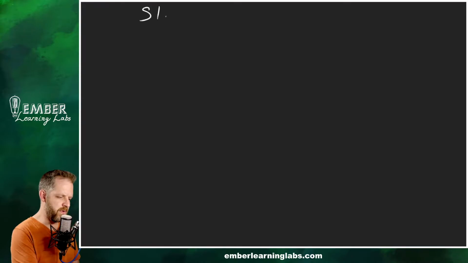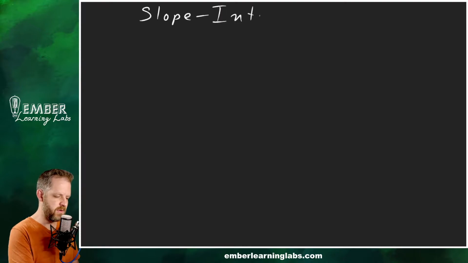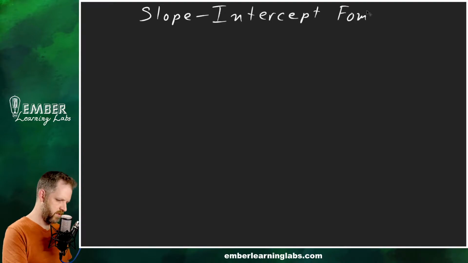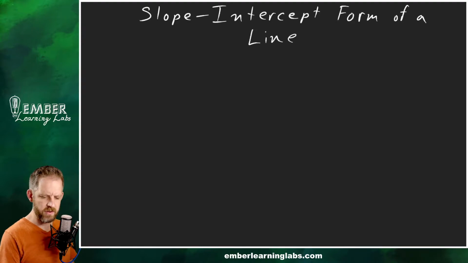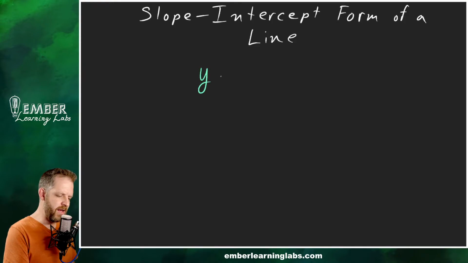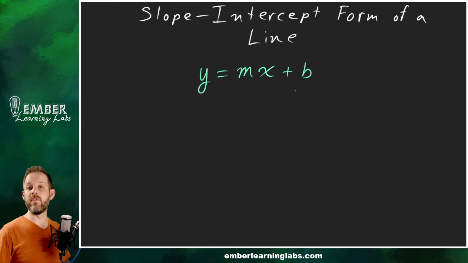The slope-intercept form of a line is y equals mx plus b. So that's the slope-intercept form of a line.